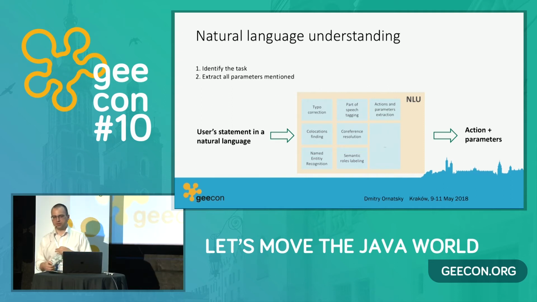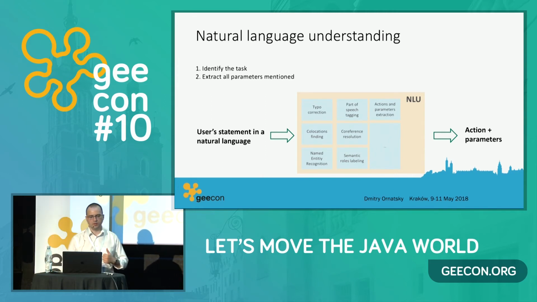So let's talk about what it means to understand natural language. The first part of it is identifying the task. What is it that users try to do? The other part is extracting all the parameters of what they're doing with the system. That entails a bunch of linguistic challenges. I'm not a linguist, but I've dealt with e-commerce search systems for a while. So it entails stuff like stemming, finding collocations, for example, multi-word synonyms to certain words, recognizing named entities, brands, colors, and so on and so forth.